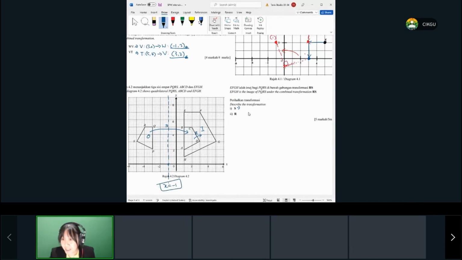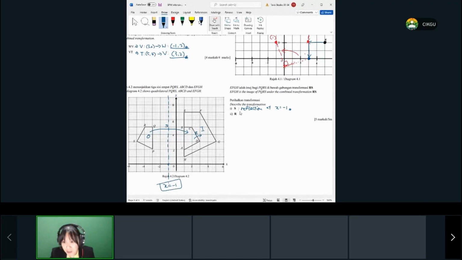Again, it's 5 marks. 2 marks must be for part 1. Why? Because you have to mention the word reflection, which gives you 1 mark. Then the reflection line, x equals -1, gives you the second mark. Done.